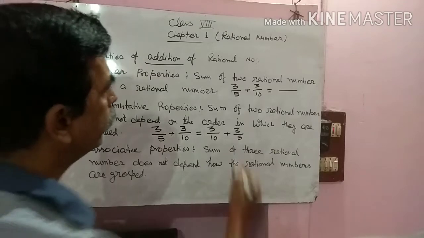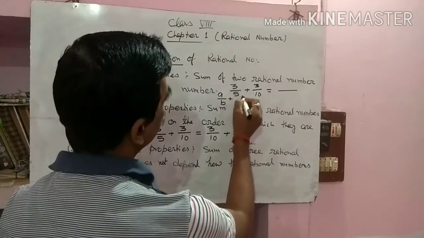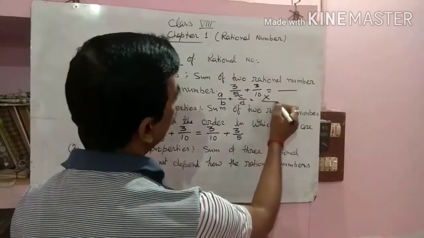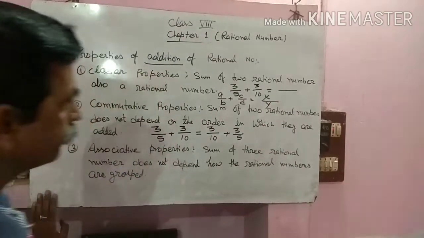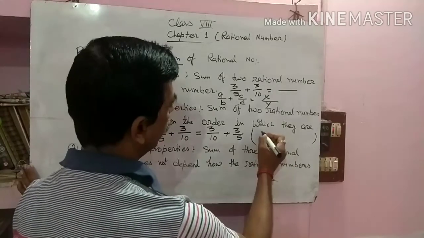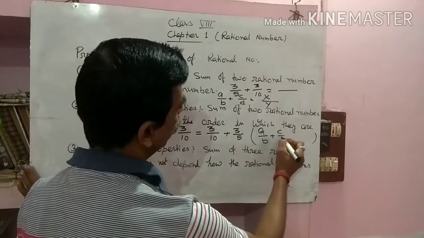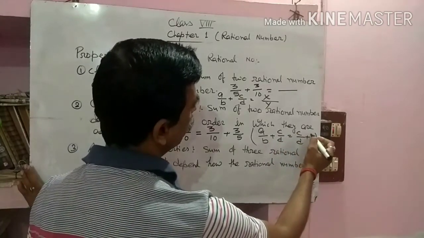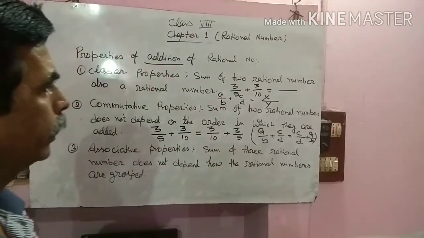Symbolically, A by B plus C by D is equal to some X by Y. Similarly, symbolically, A by B plus C by D equals C by D plus A by B. It means it does not depend on how we are writing the numbers.